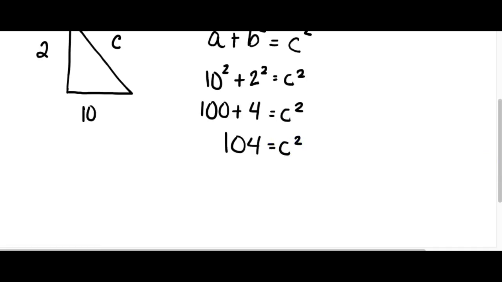Now to undo that little squared, we have to do our square root. This one's not perfect, so I'm going to grab my handy dandy calculator and type in square root of 104. And I get a really long number, so I'm going to round it off to the nearest hundredths.